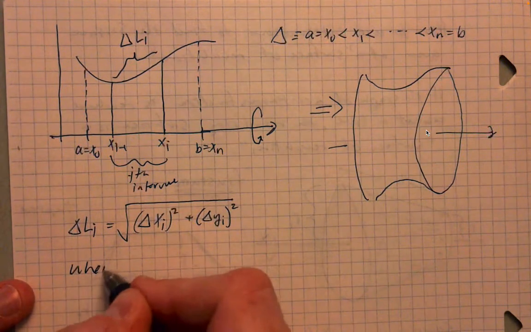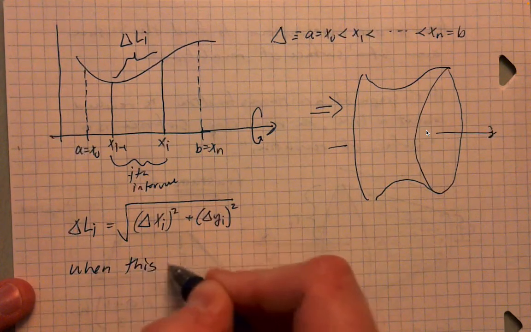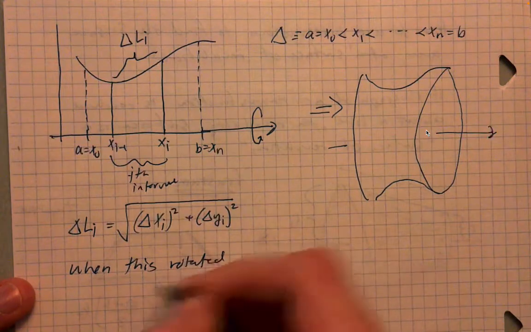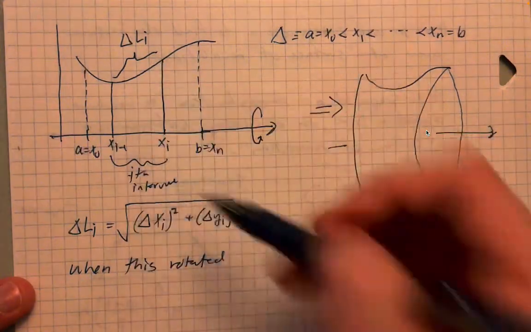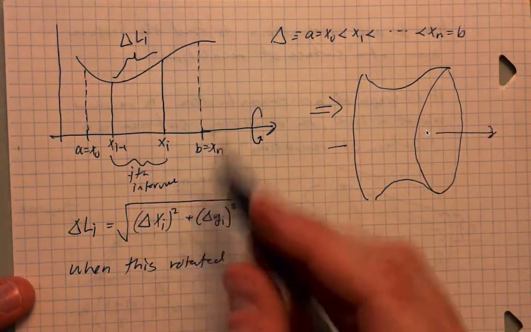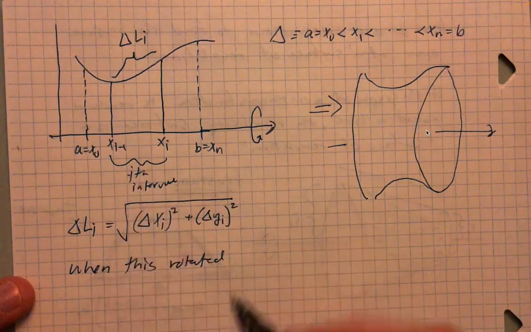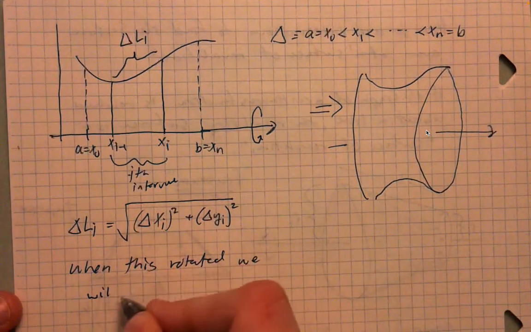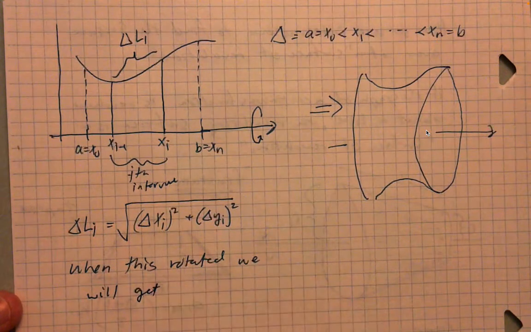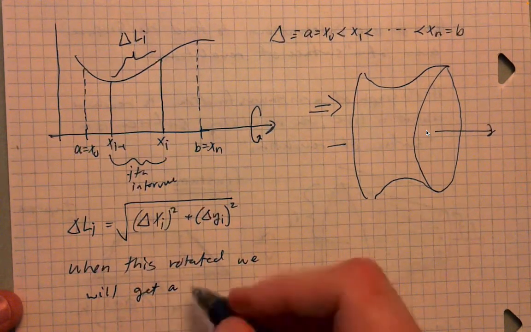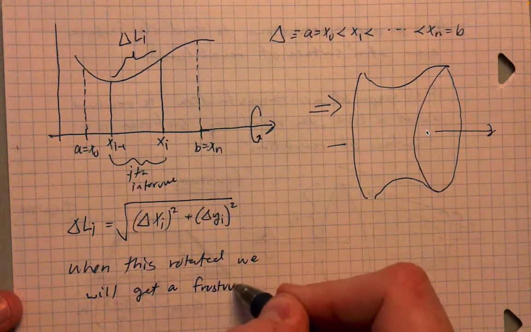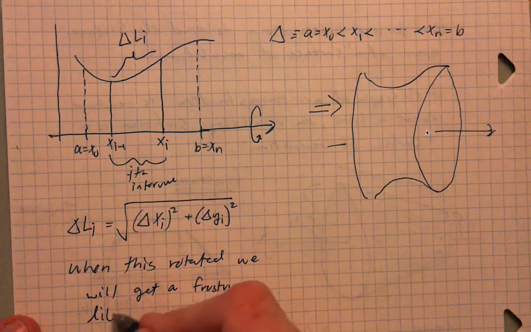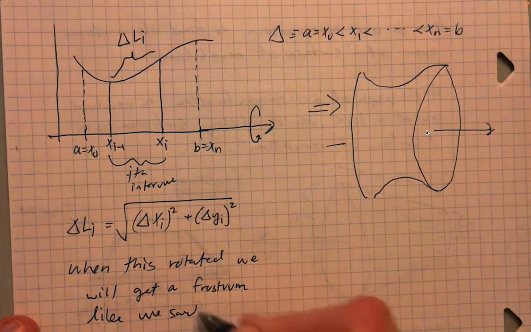So let's write this down. When this is rotated, just this segment here, when this Li segment, this ith interval segment is rotated, we will get a frustum like we saw previously.